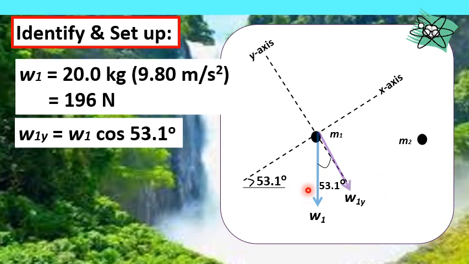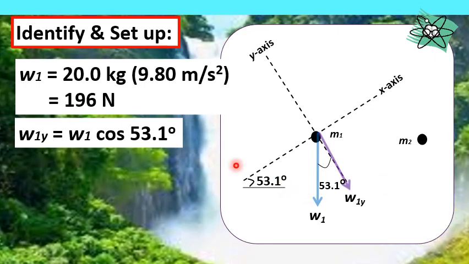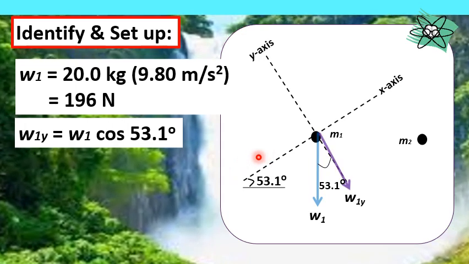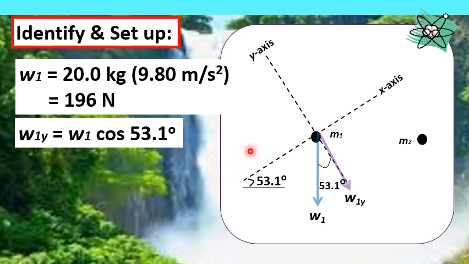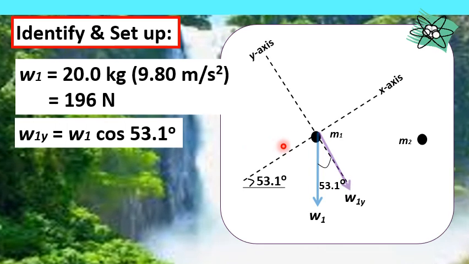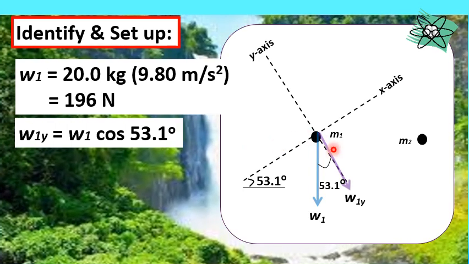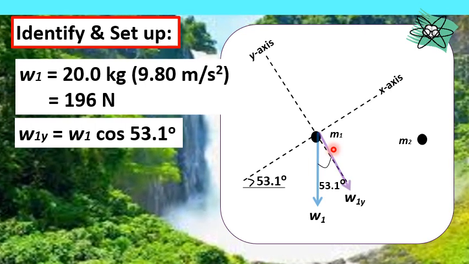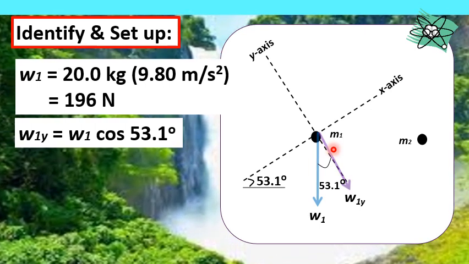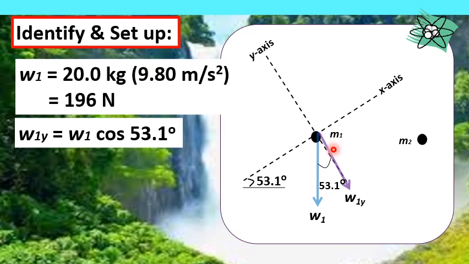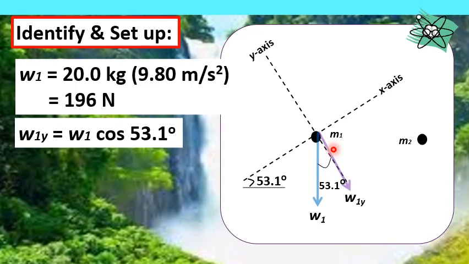We can break this weight W1 into its x and y components. W1y is the y component, which we express here as W1 cosine of the angle 53.1 degrees. Alright, we use cosine because W1y is adjacent to the angle.